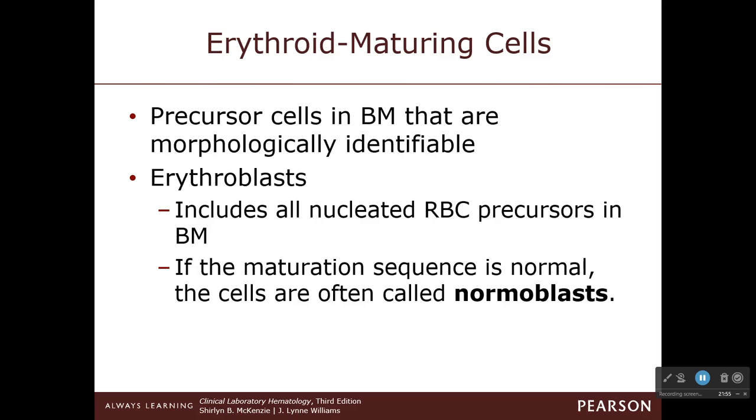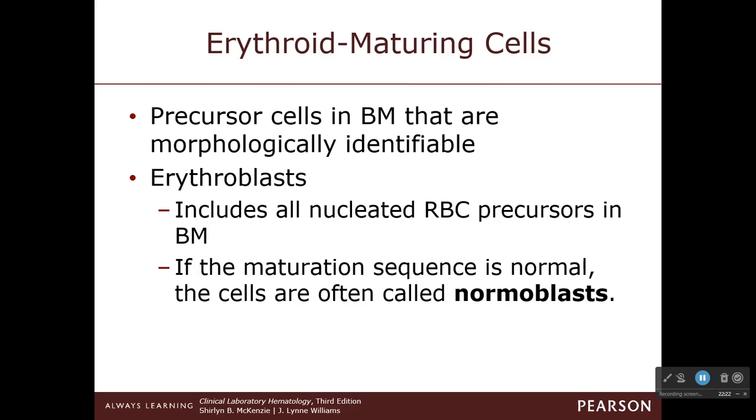All right. So precursor cells in the bone marrow that are morphologically identifiable, we refer to them as erythroblasts, no matter where they're at. From the rubriblast down to the metarubricyte, you will refer to it as an erythroblast. All of them are referred to as erythroblasts.